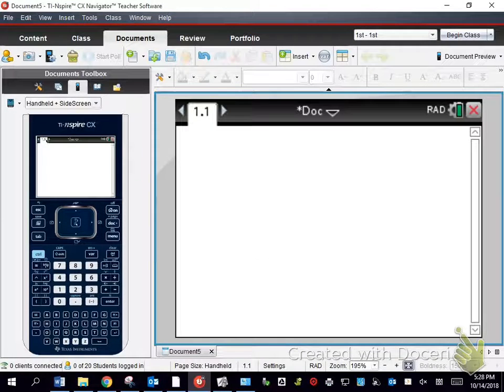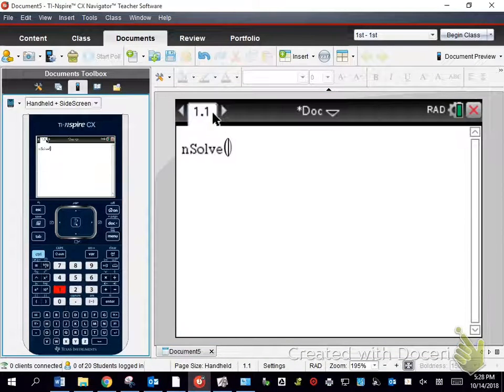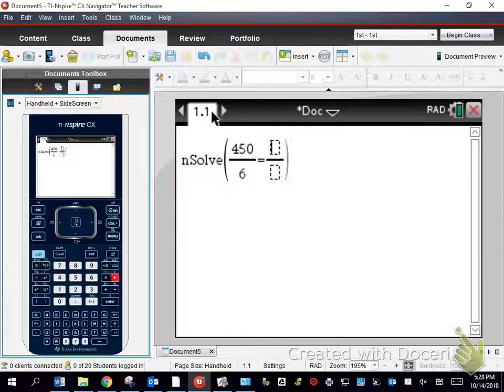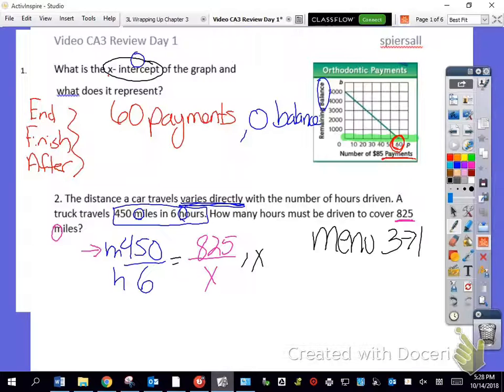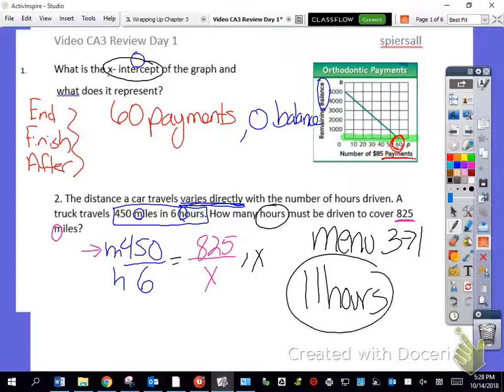On my calculator page, menu 3-1, I'm going to hit Control Divide, and you've got 450 over 6, arrow over, equals, and then you hit Control Divide, 825 over X, and then you remember you have to put comma X or it won't work, and hit Enter. So you get 11. So the answer is 11 and it's hours. That's how many hours, 11 hours.